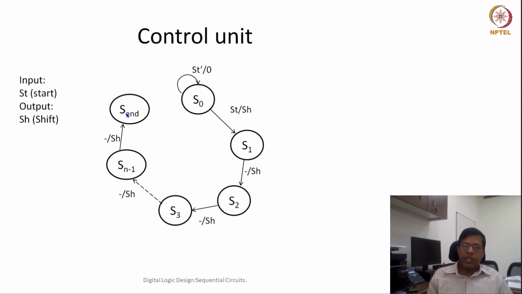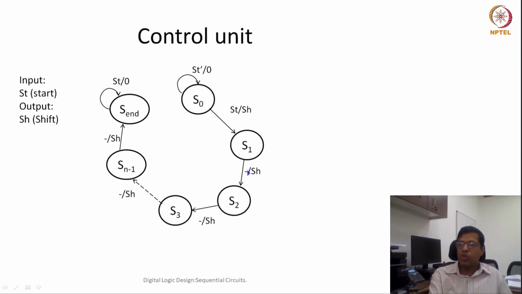So what should be done here? One thing is sure, that when I reach this state S end, or the last state, then there should not be any shifting, even if start is 1. So even if start is 1, there is no shifting happening. So you see that we started in my S0 or initial reset state when start was 0. Then start was 1, then we started.